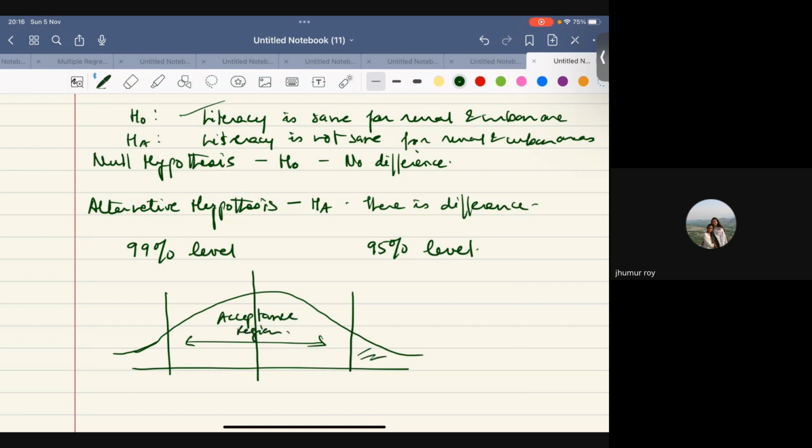And this side and this side are both rejection regions. Means if the value is falling over here, we say no, it is outside. That means the null hypothesis is wrong. That means which hypothesis is correct? That literacy is not the same for rural and urban areas. But if the value is falling in the acceptance region, we will accept the null hypothesis that literacy is the same for rural and urban areas. So that is what we will try to predict through this.